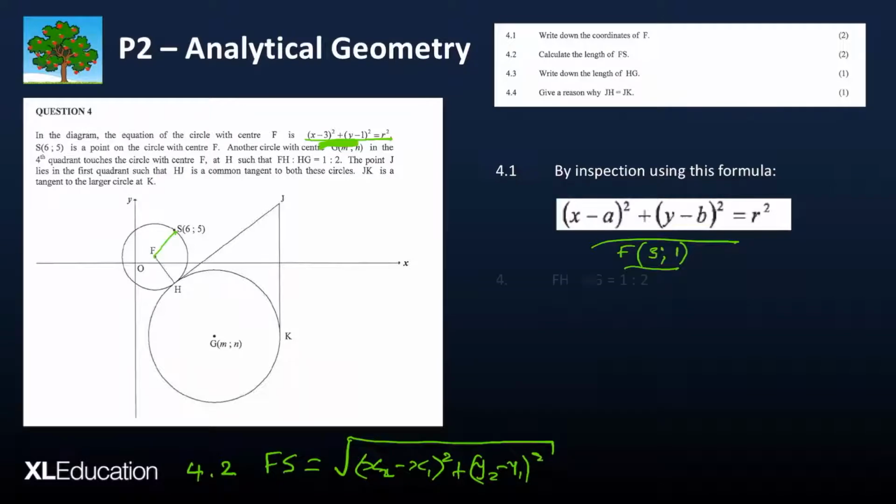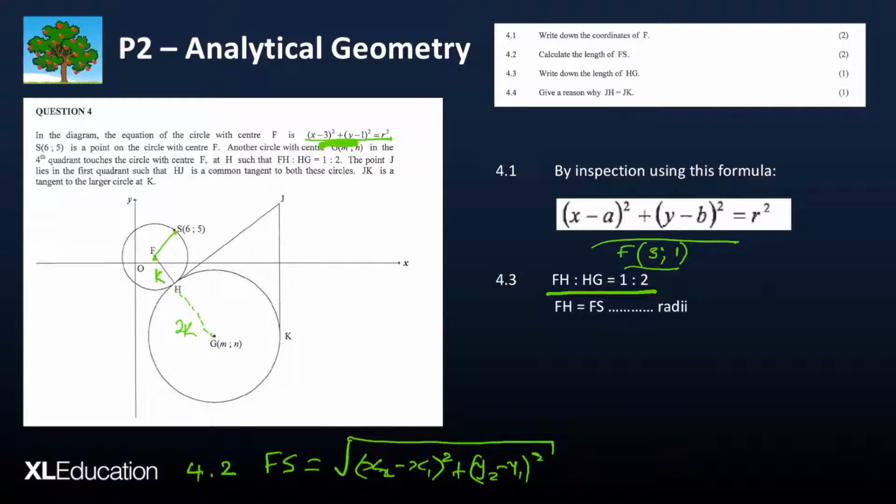Now going to 4.3, it's asking us to find the length of HG. In this case, we are not going to use the distance formula. We are going to use this information that we are given, this ratio. This ratio is actually telling us that FH is k and HG is 2k, because the ratio is 1:2.